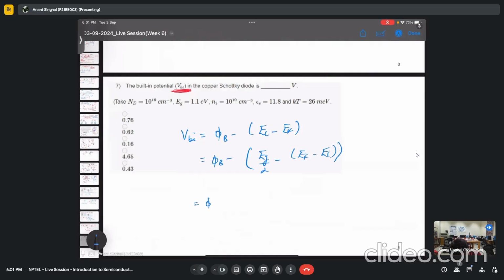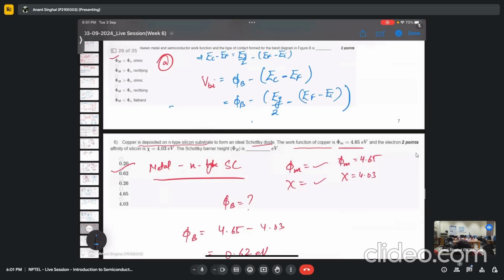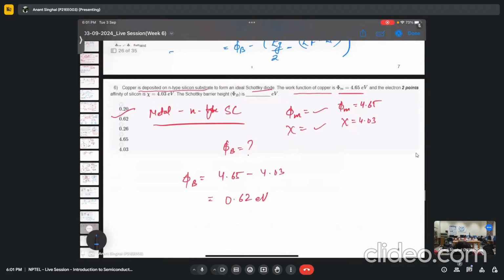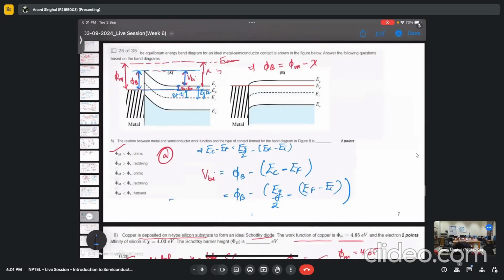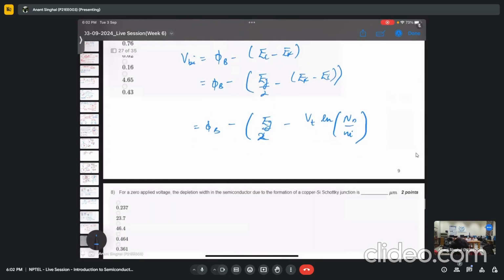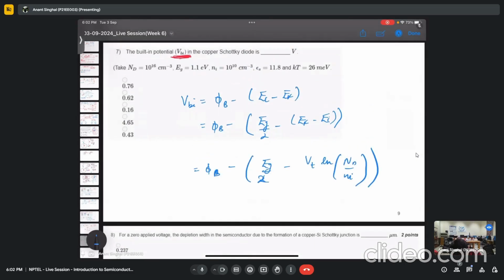And we know that EF minus EI, since this is N type, will be VT ln ND by Ni. Sorry, is this P type, I guess, right? Yeah, this particular thing will be N type, so this will be VT ln ND by Ni. And I guess we have been given everything in the question.